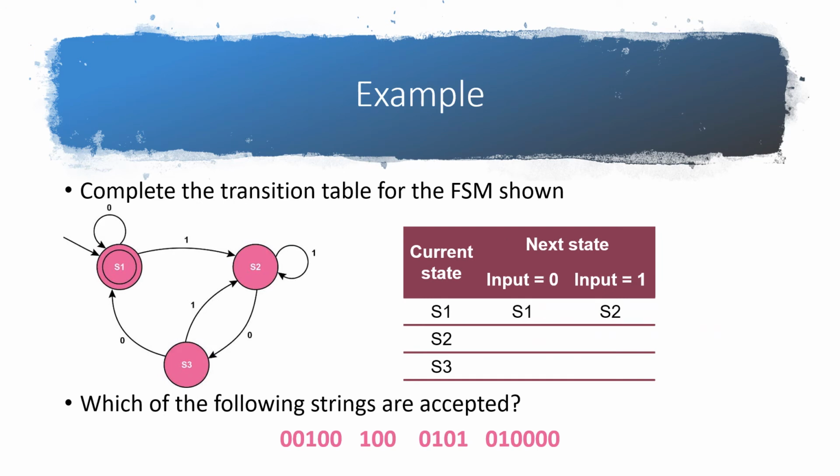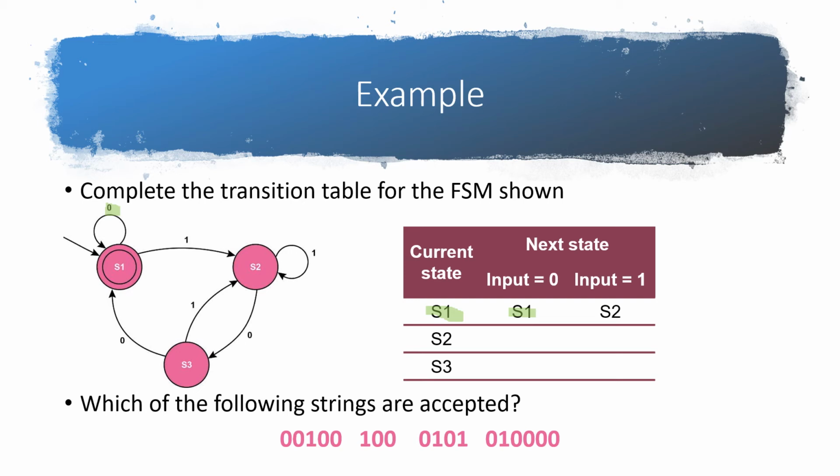So this is an example that we'll have a go at. This is our machine. If we're on S1 and we input a 0, we're going to stay on S1, which is that transition there.